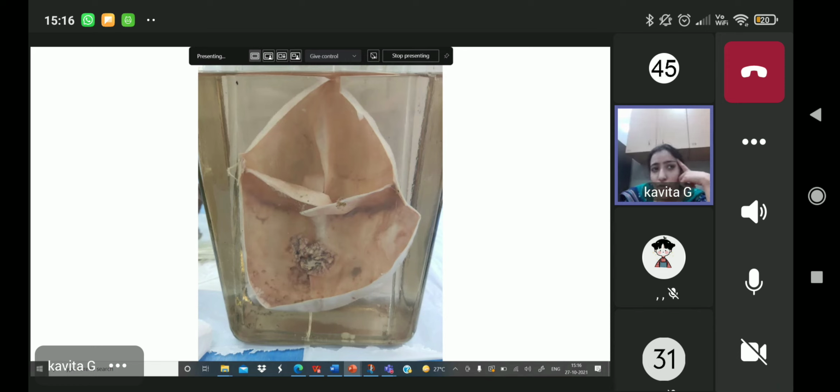Now, your question can be rephrased as: how do you differentiate between an EIN and a frank endometrial cancer? That is when you have invasion. If you have invasion into the stroma of malignant glands, then that is your endometrial carcinoma.